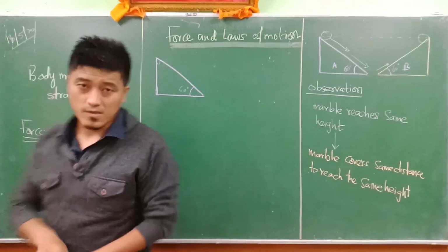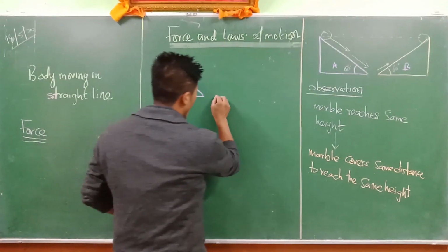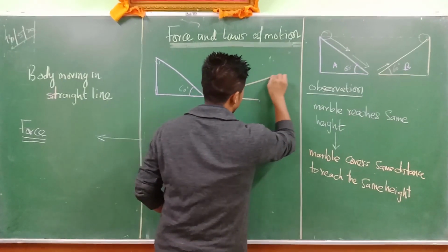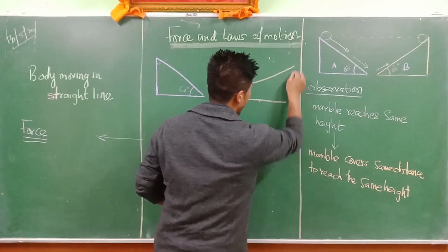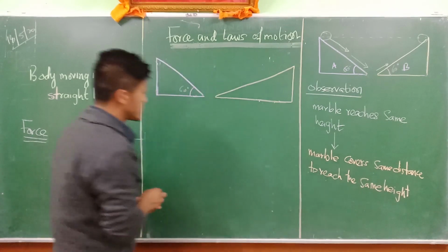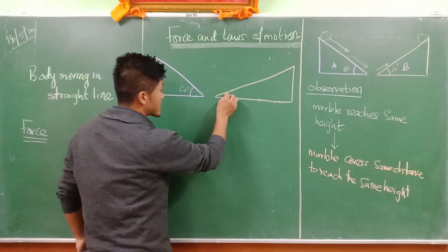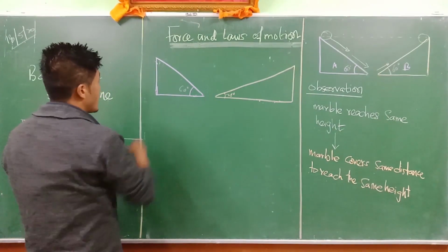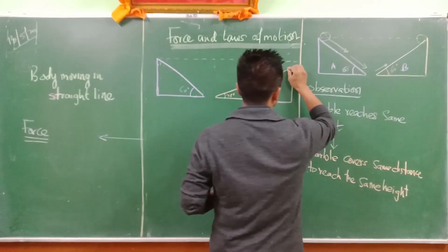Now in the second one, what Galileo changed was this: he decreased the angle. Understand? He decreased the angle. Is that clear? Over here it is 60. Now over here maybe like 35 degrees, something. Let's suppose. It should reach the same kind of height here.